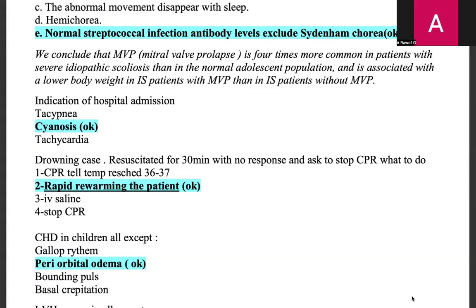Drowning case, resuscitated for 30 minutes with no response, asked to stop: rapid rewarming of the patient is very important in drowning. Congenital heart disease in children, except all: you don't see periorbital edema usually in congenital heart disease. It will cause gallop rhythm, bounding pulse, basal crepitations.